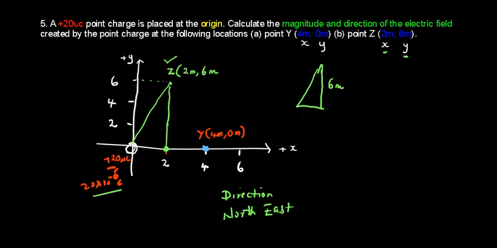So we're going to look at this angle here, theta. Since it's a right angle triangle, we're going to use what? Tan. So we have that tan theta is equal to opposite over adjacent.